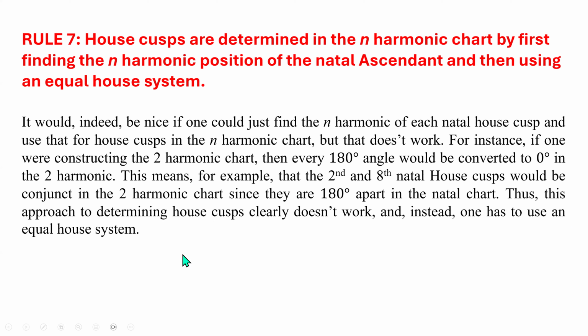We'd like it if when we go from natal chart to 2-harmonic, we'd like the house cusps to all stay in order, right? That would be nice, but that doesn't happen. In fact, every pair of opposite houses will collapse to the same degree, same position in the 2-harmonic chart. So just trying to convert these house cusps one by one to the new harmonic just doesn't work. So that's why we just do the ascendant and then we use an equal house system.